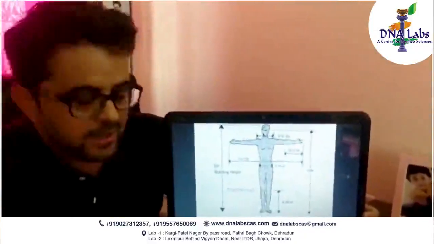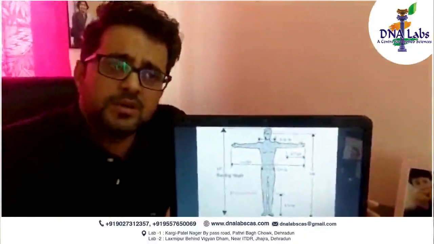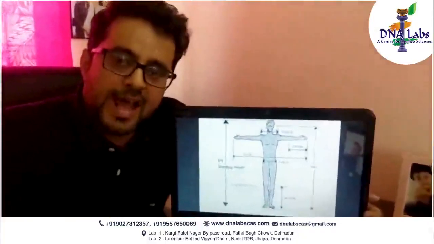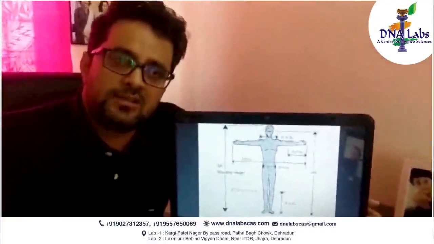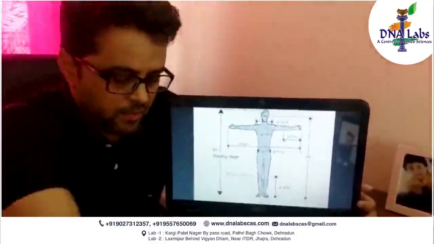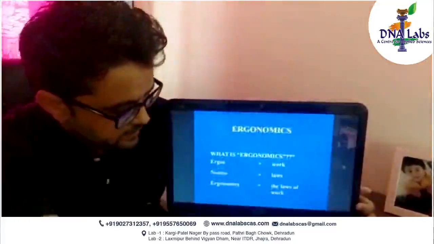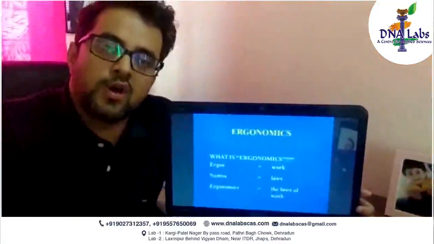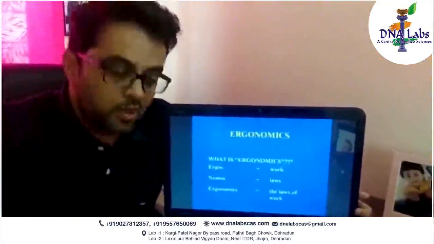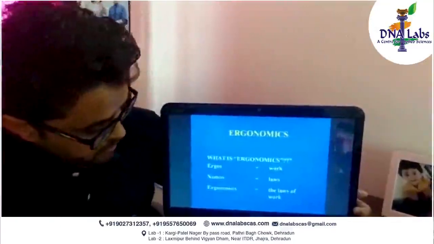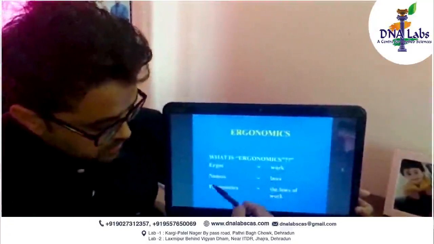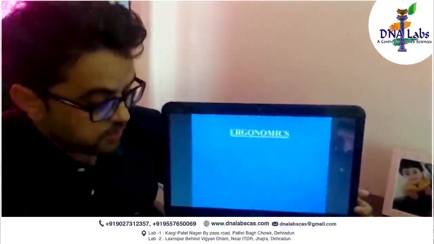This is again very important, because some laboratories do not have that much space, and some labs have instruments that are not suited to the technicians. It is a very important matter: ergonomics. Ergonomics means how you are doing the work, the laws of doing work. Ergos means work, nomos means laws; ergonomics means the laws of doing work.